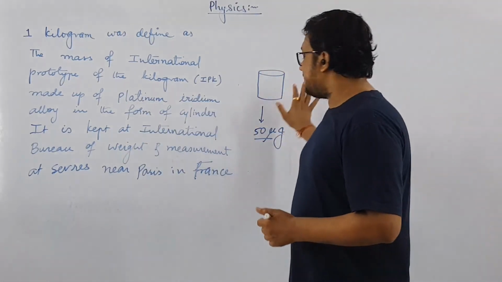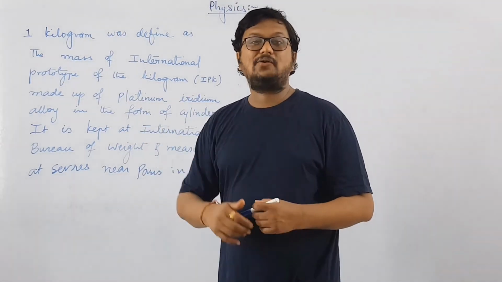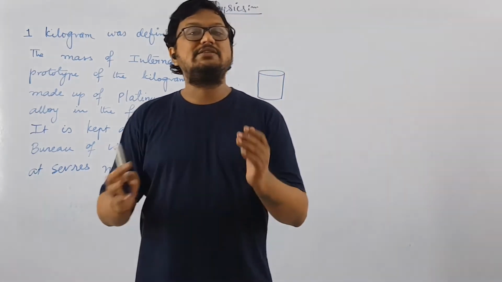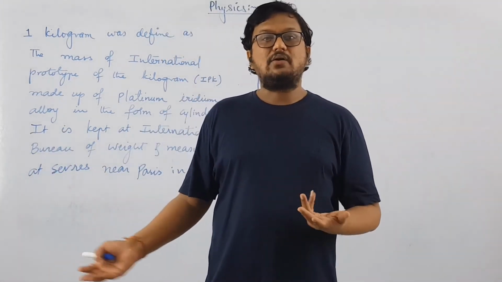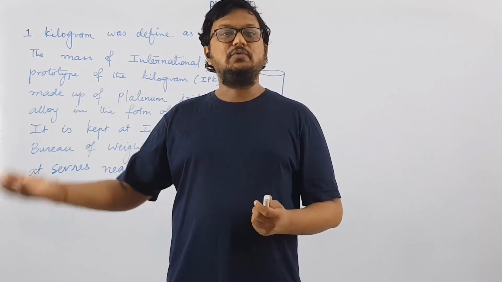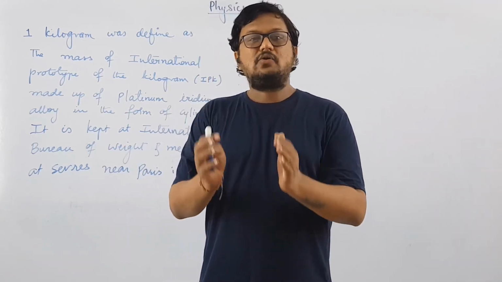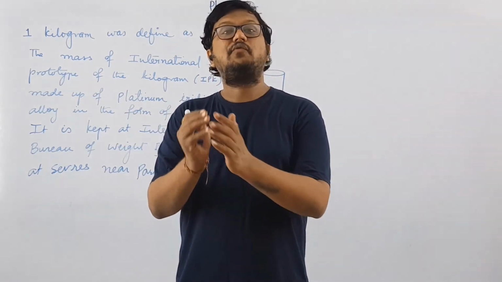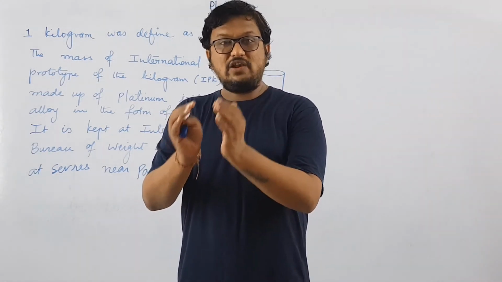With the help of this mass, we have defined a Planck constant, which you will come across in 11th standard in chemistry. Planck constant, what it is and all that you will come across, right? So Planck constant was defined with the help of 1 kilogram, and that value was locked.